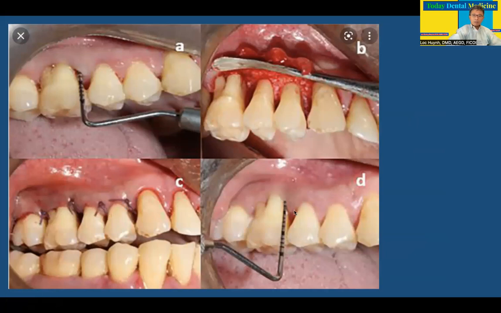After a few months, your pocket will be substantially reduced, your gum will look a lot healthier, and the bleeding will get better. It takes a lot of therapy and a lot of effort from the patient and the dentist to treat your gum condition. You don't want to get to this state, you guys.